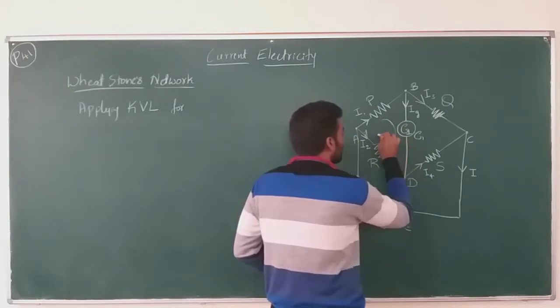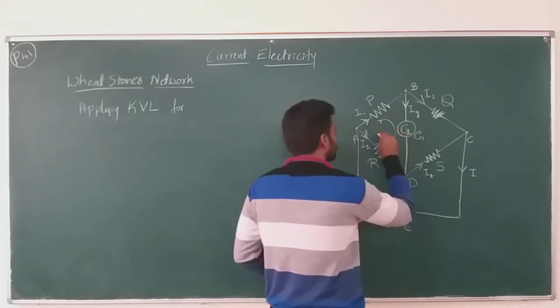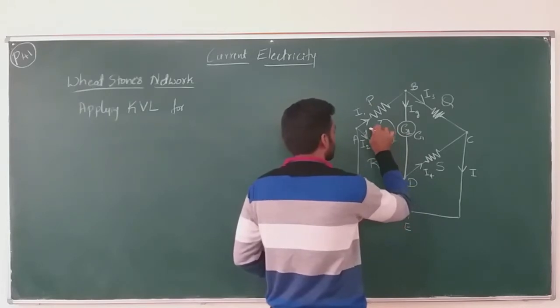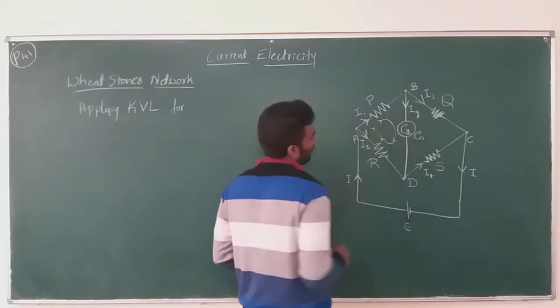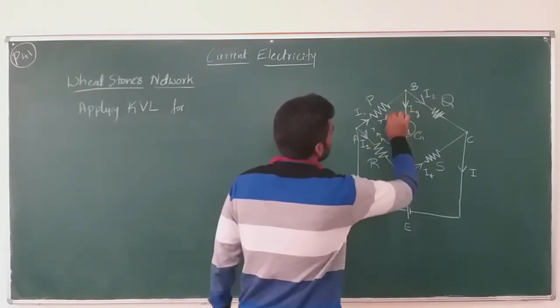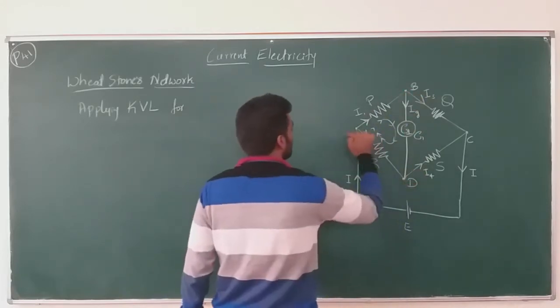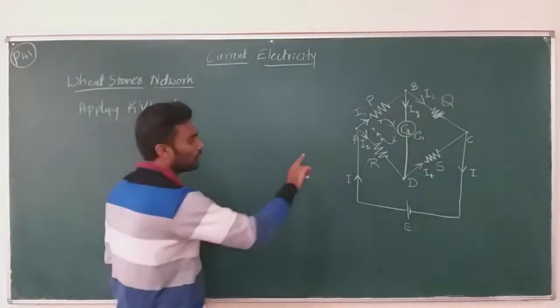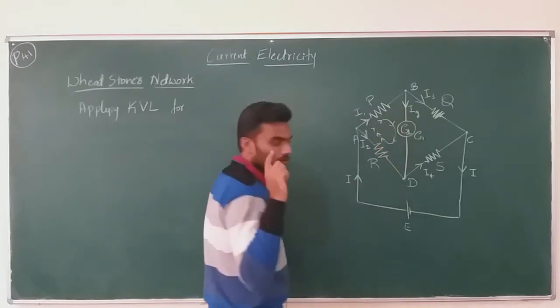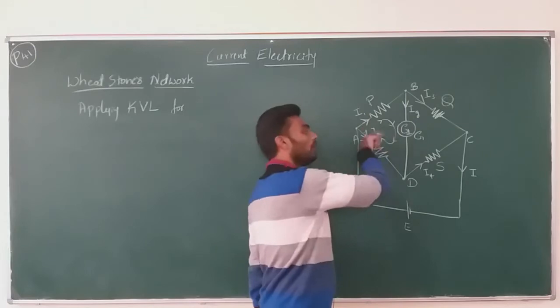for this particular loop like this. Right. Now you see it is A, B, D, A, right, and I have also chosen the direction. You know very well, I can either go clockwise or I can also go anti-clockwise.